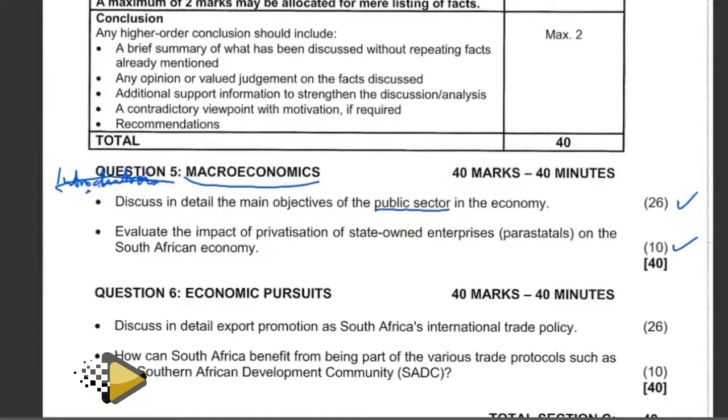Then we also have the main body of the paper. In this regard, our main body is going to be the 26-mark question, while the 10-mark question is going to be the additional part of our essay. Okay, right, grade 12.